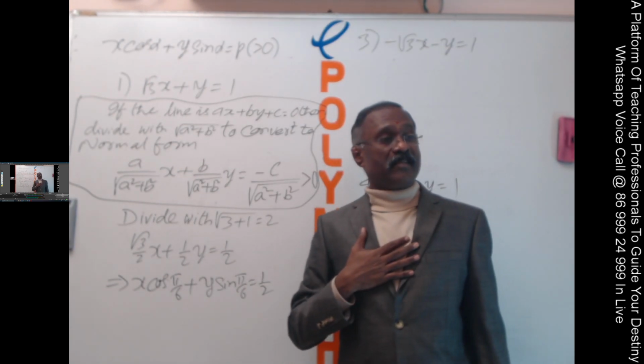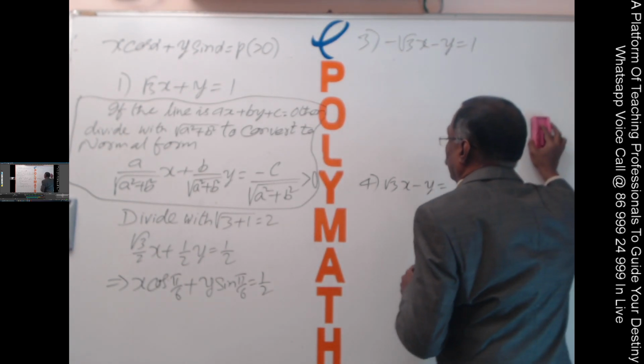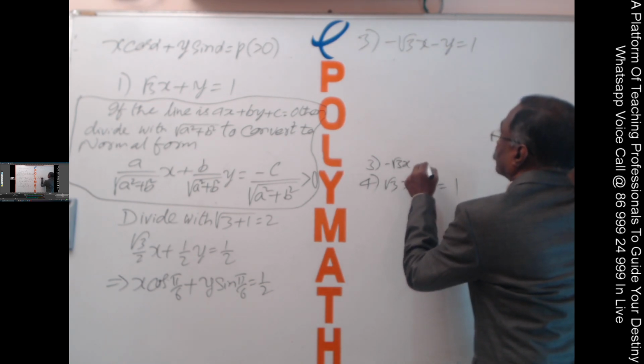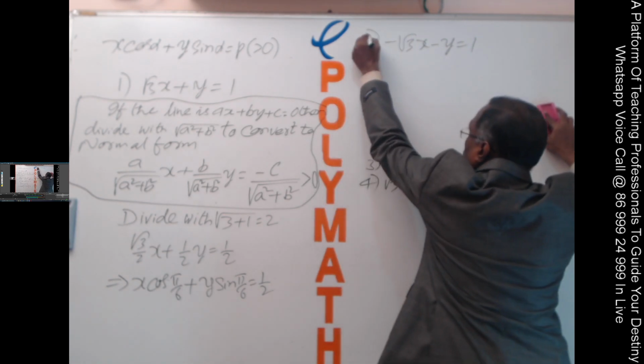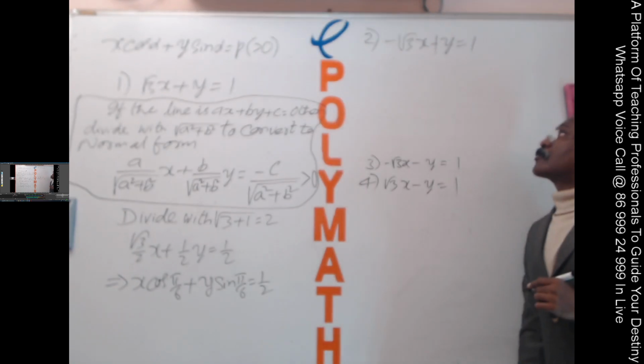The second one, I have erased it there. Let me write that second one here. This is the third one: minus root 3x minus y is equal to 1. And for the second one, for different cases I have taken minus root 3x plus y is equal to 1.